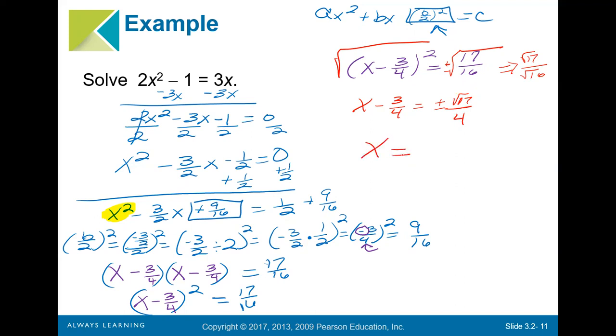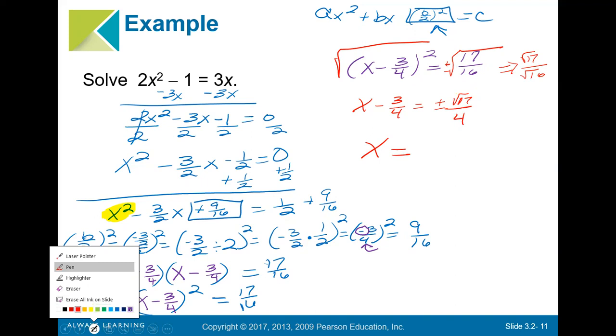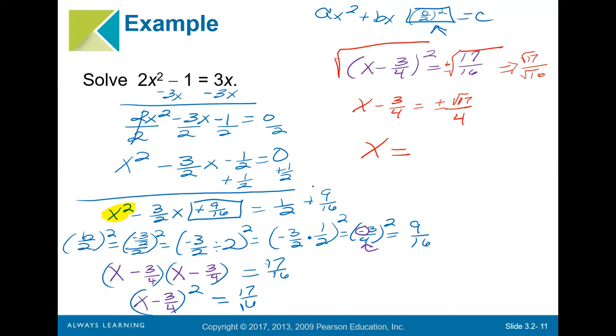Now I have x is equal to, well, what do I do to this negative 3/4? I need x by itself. So what I'm going to do is add it, since it's a negative, to both sides. So I'm going to write it in the front, and then I'm going to have plus or minus square root of 17/4. So I have two answers.